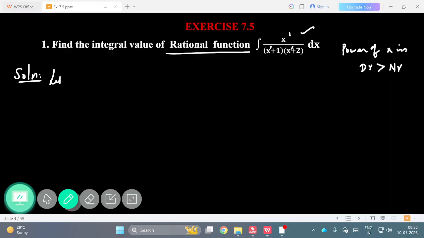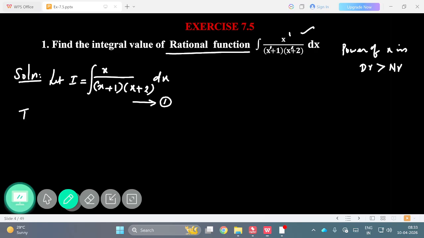Let I equal to, carefully listen Kanna, I equal to the integral of x divided by x plus 1 into x plus 2 dx. Look at the denominator. There are different factors, not same, not repeated. That time we may call it equation number 1.